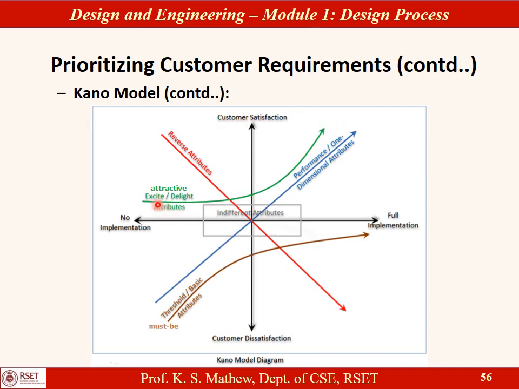If they are not implemented, the satisfaction level will be neutral. They may not get dissatisfied because these are not expected but attractive features. If they find that feature, they will be happy. Even if that feature is not there, the customer will not be dissatisfied. The customer will still be happy or neutral.